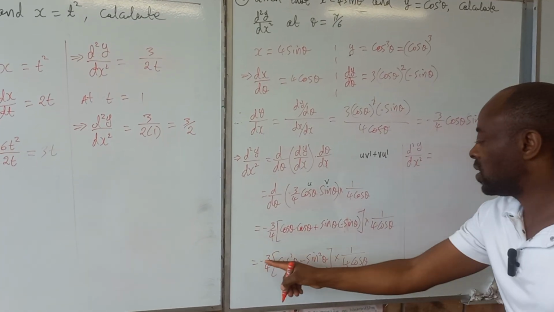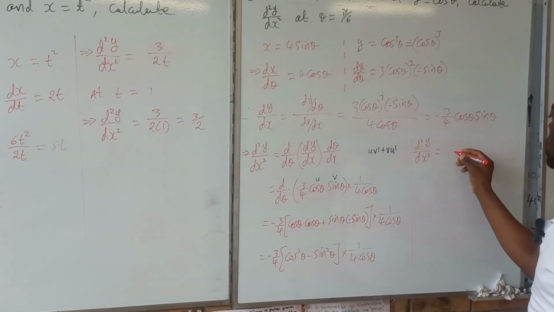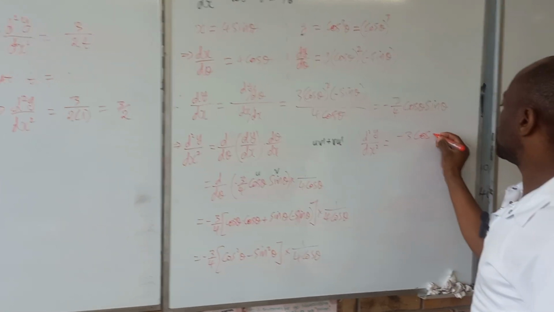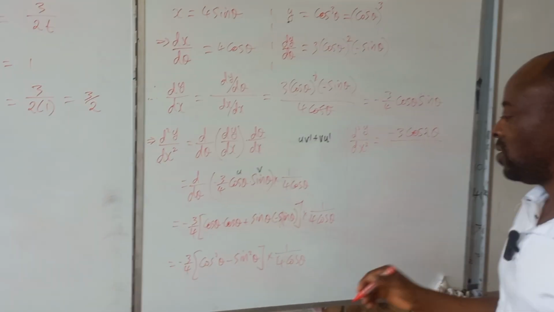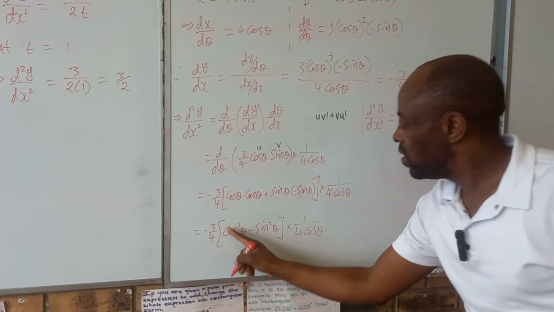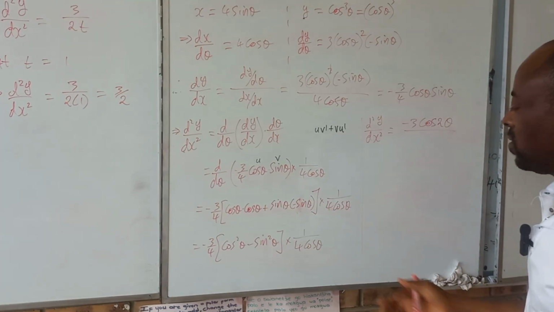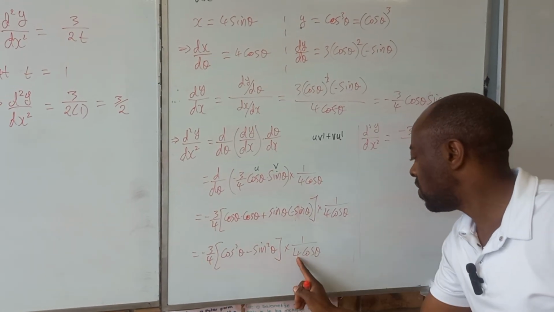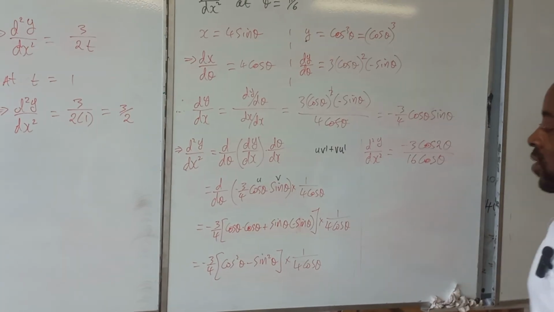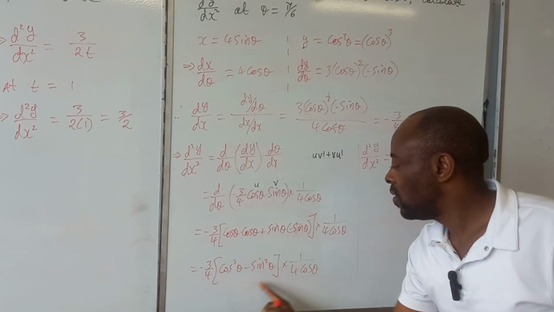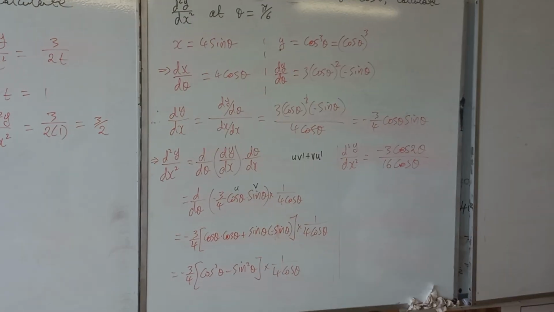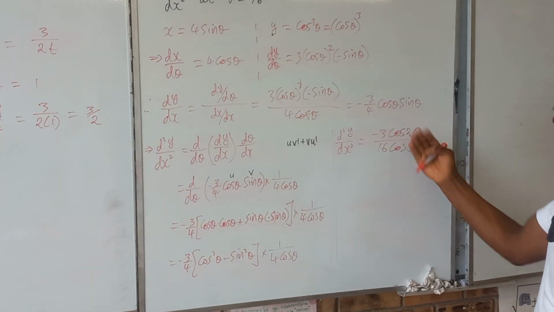So we are simply getting negative 3 times 1, which gives me negative 3 cos 2 theta in the numerator. Then in the denominator, I get 4 and 4, which is 16, then cos theta. For N6 students, this identity is formula number 5, page 1 of your formula sheet. So that is how I get my answer.